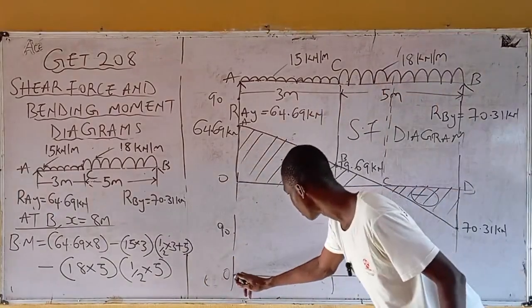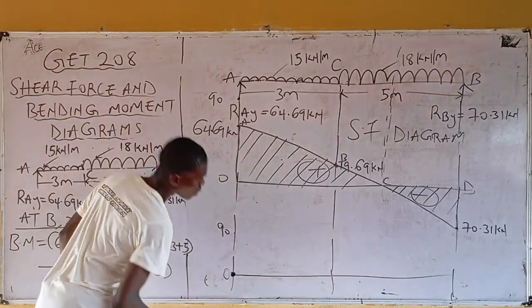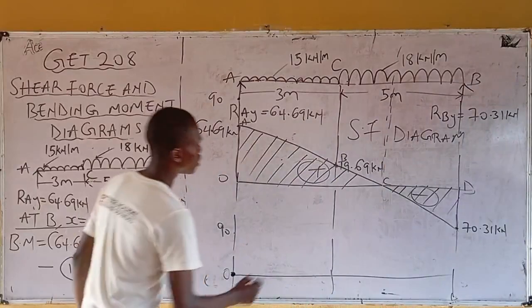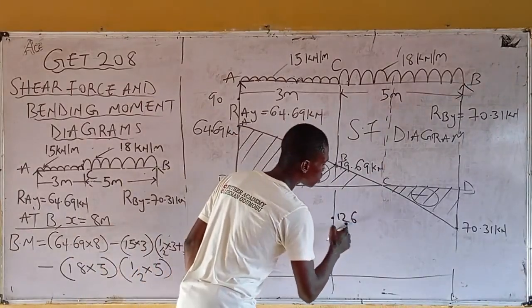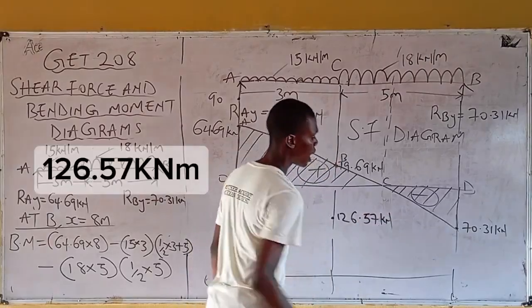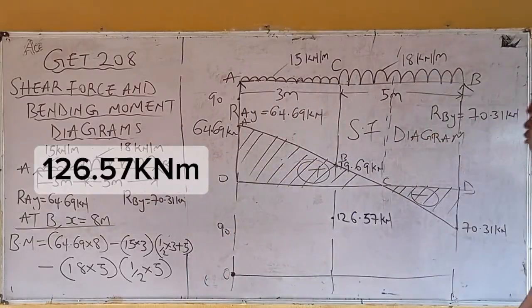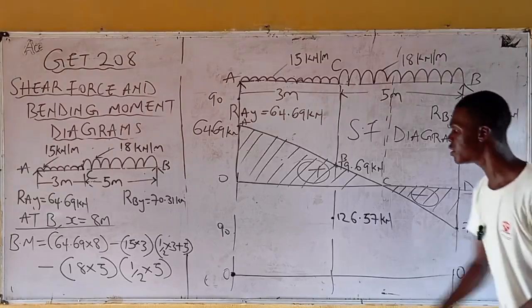At C, what's the value of bending moment? 126.57 kilonewton-metres. At B, what's the value? 0. Now join these points respectively.